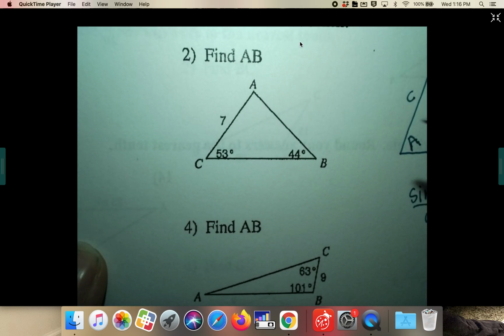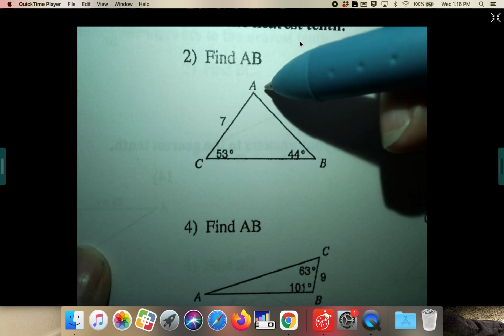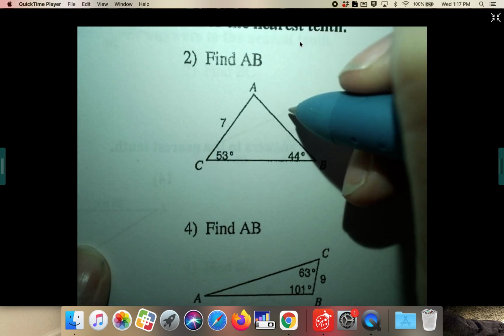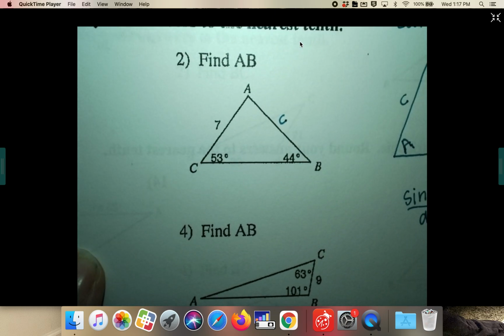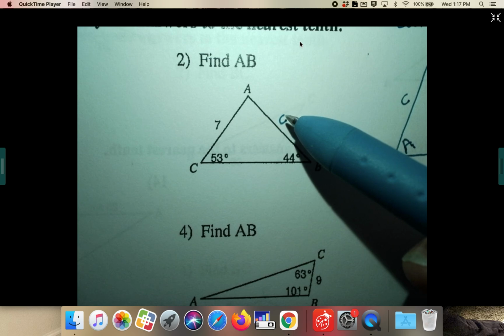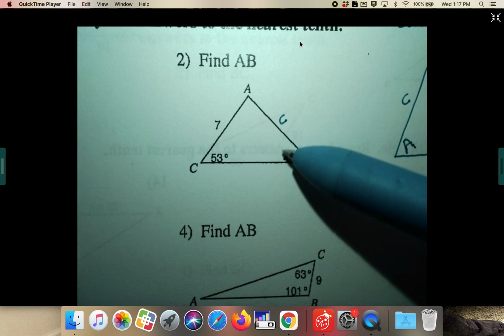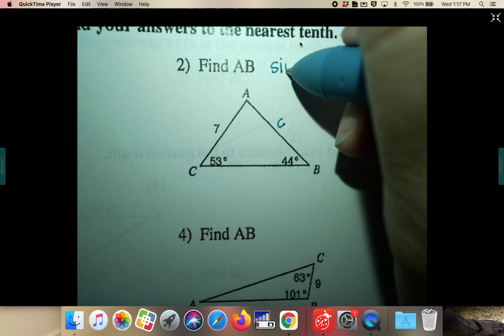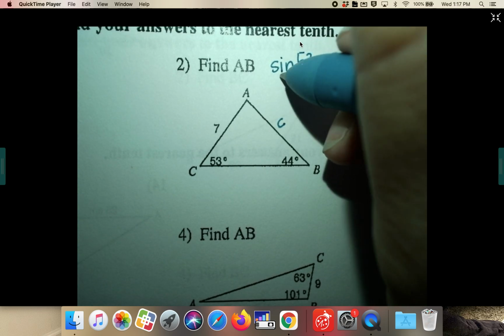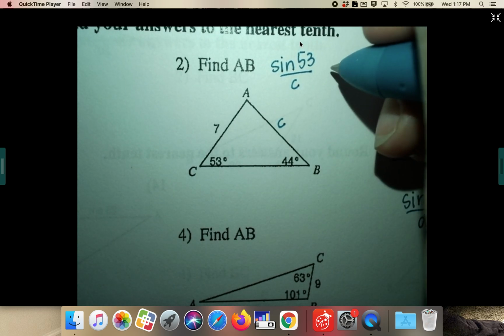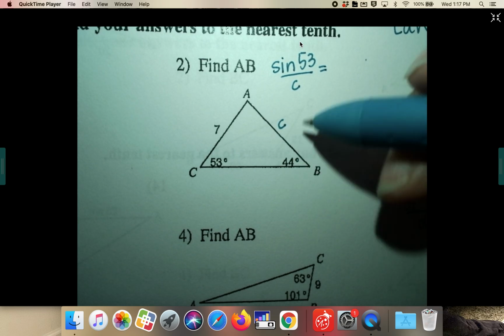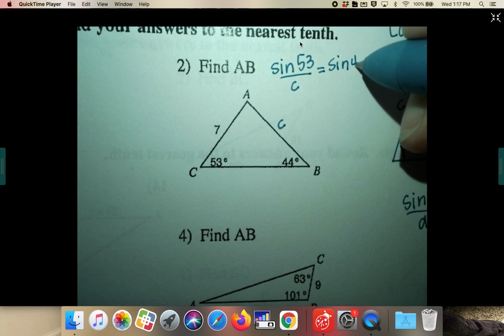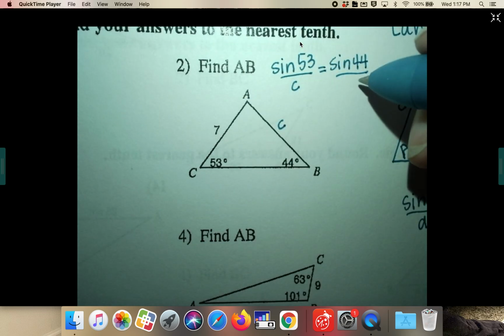So it wants us this time to find side length AB. So that would be across from angle C, so it's little letter c. And we know that that is the thing we're going to use, sine 53 over c, and we can set it up equal to sine 44 over 7 because we have that information too. So sine 53 over what we don't know, which is c, is equal to sine 44 over 7.